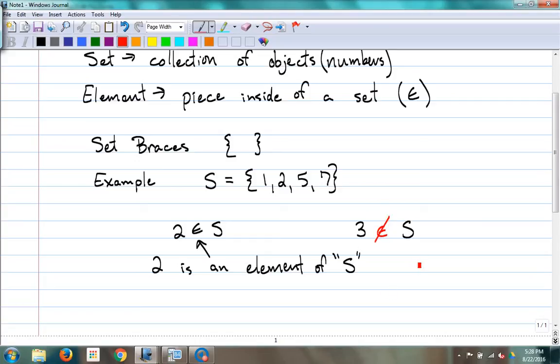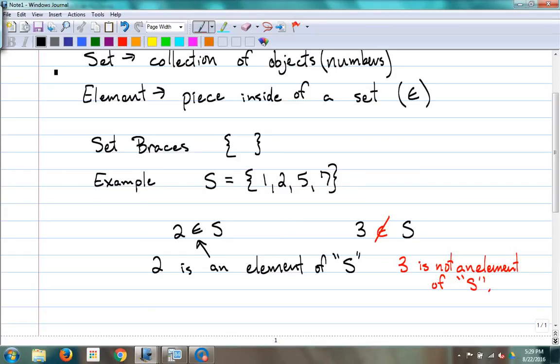Say not an element. 3 is not an element of S. Okay. So anytime we want to say something is not an element of or not equal to, we just put a slash through the symbol that we're using, okay, to say it's not.